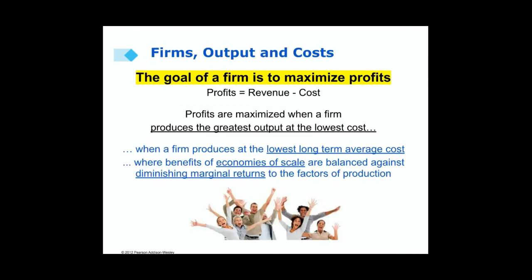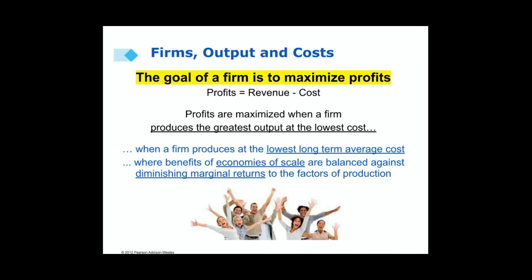And so remember, where we started, the goal of the firm is to maximize profits. Profits being defined as the revenue minus the cost. Well, in that situation, we need to produce the greatest output at the lowest cost in order for us to maximize profits.